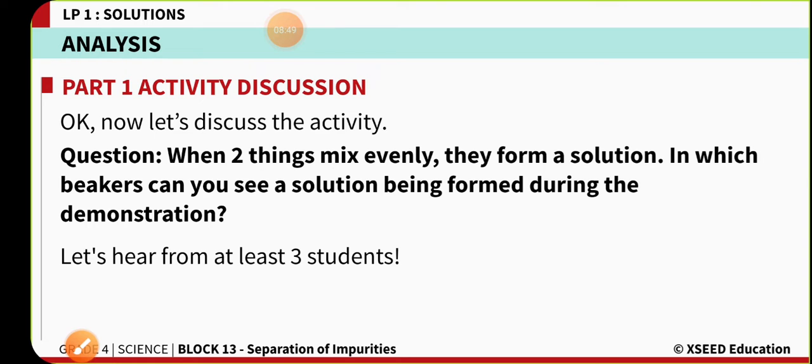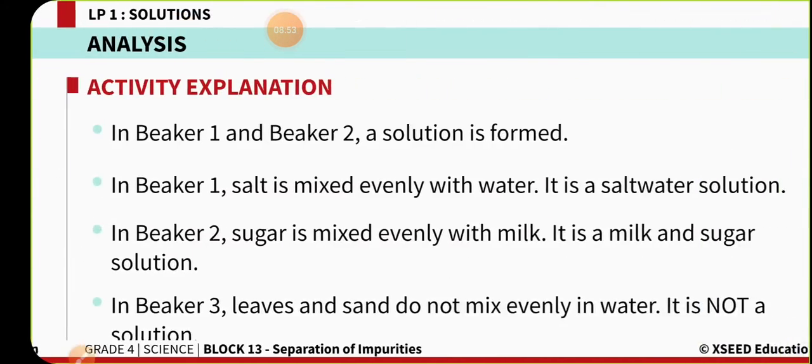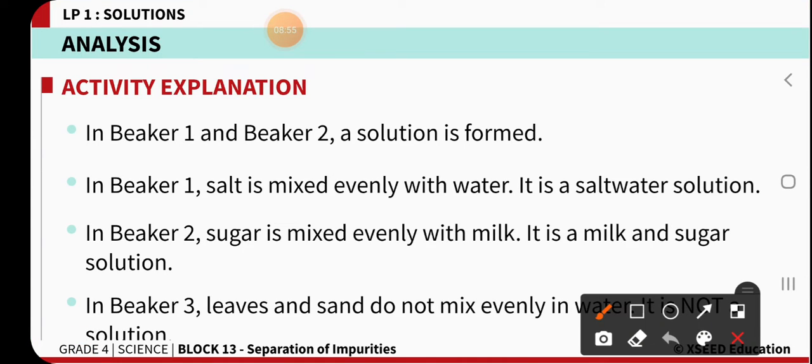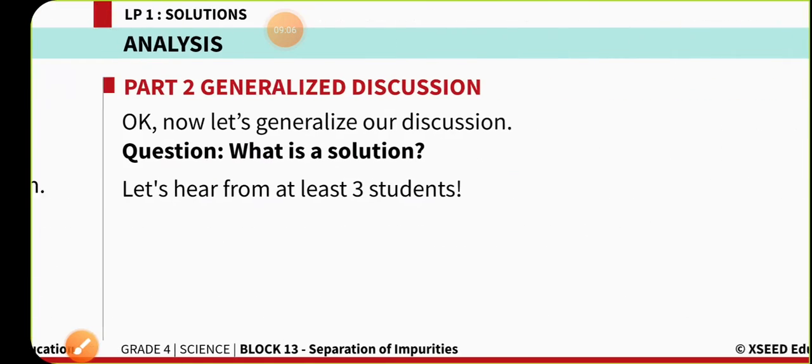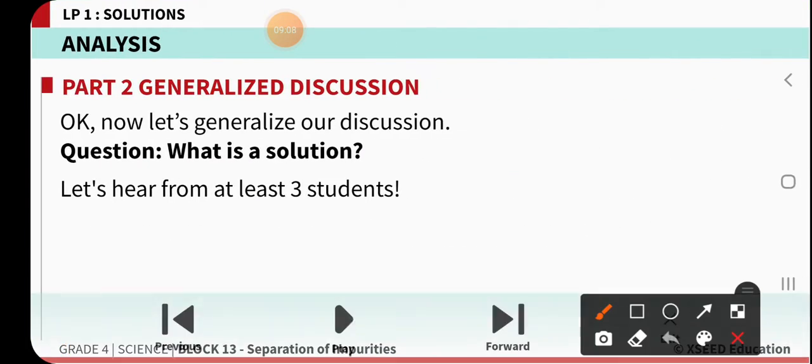Can you tell which two things have mixed evenly to form a solution? The sugar and salt are mixed evenly with water, making a solution. And one more thing, what is a solution?